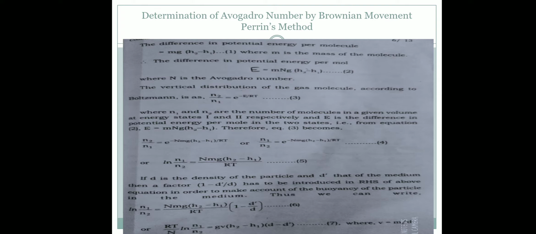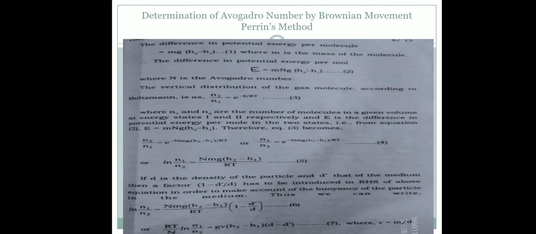m is the mass of the molecule. Therefore, the difference in potential energy per mole is equal to E, which is equal to N m g (h2 minus h1), where N is the Avogadro number.